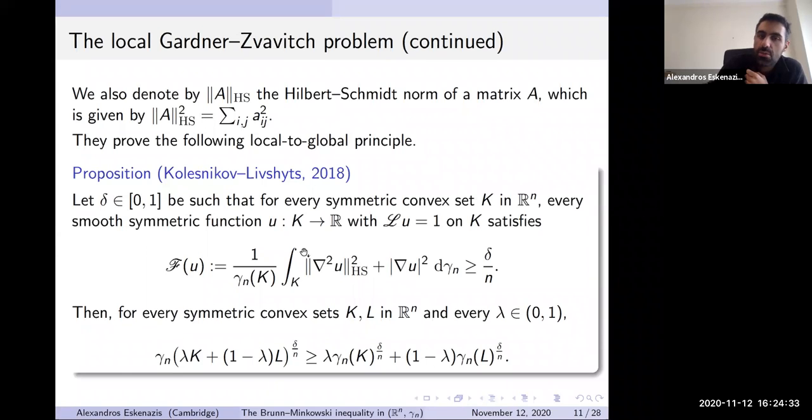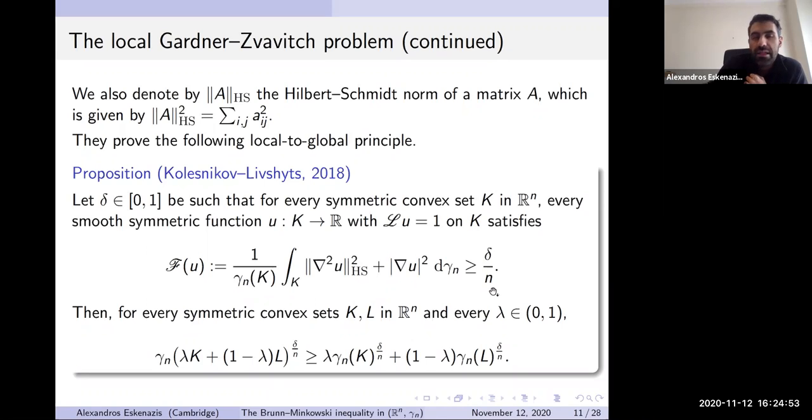Okay, so the functional inequality says that if you integrate the Hessian of u squared plus the gradient of u squared with respect to the Gaussian measure, and divide by the Gaussian measure of K, so what you have on the left-hand side is a probability measure, then suppose that it's bounded below by delta over n.